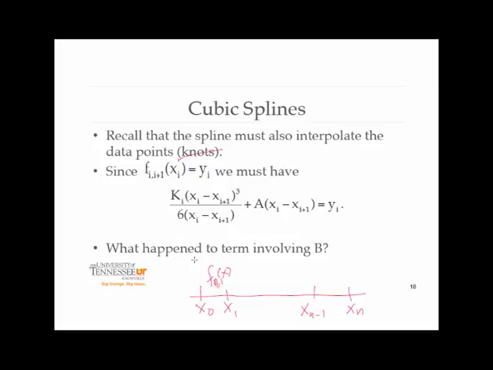All right? So now, if you look at this carefully, we have a way of defining what that A should be, because we could solve for A, and we know explicitly what that constant would be. That was obtained through doing the double integration. What happened to the B term? We just said that. It was eliminated because it was multiplied by the term x minus xi. And when you plug in xi in for x, that term becomes 0.